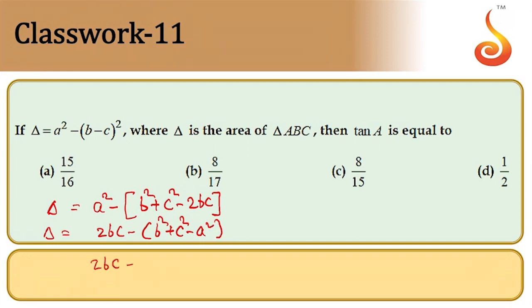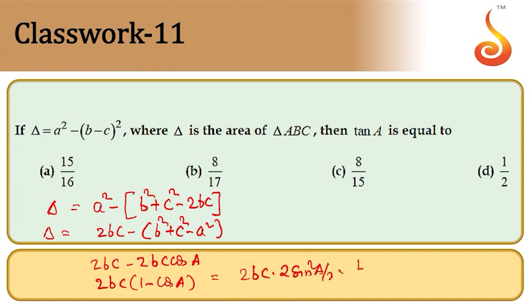So this will give you 2bc minus 2bc cos A. We take 2bc common, 1 minus cos A, which can be written as 2bc into 2 sin square A by 2. This will give you 4bc sin square A by 2.